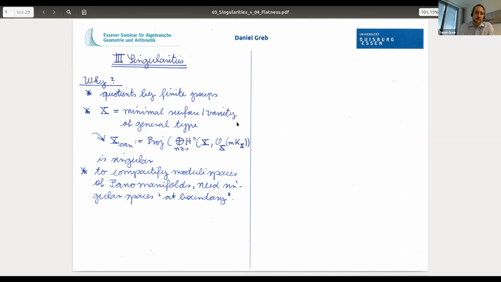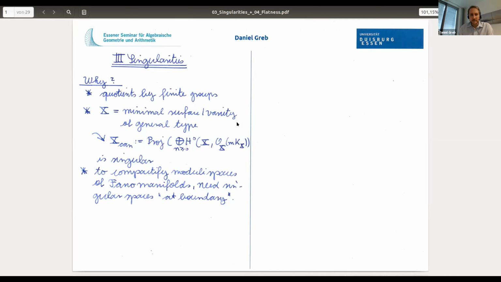Yeah, so this is on the one hand the classification of general type, the other hand would be Fano varieties. So if you believe, okay, now it's a theorem, that compact moduli spaces of Fano varieties exist, you need to put singular spaces at the boundary, and also there, the right notion will be that of a KLT singularity, which I will introduce in a second.